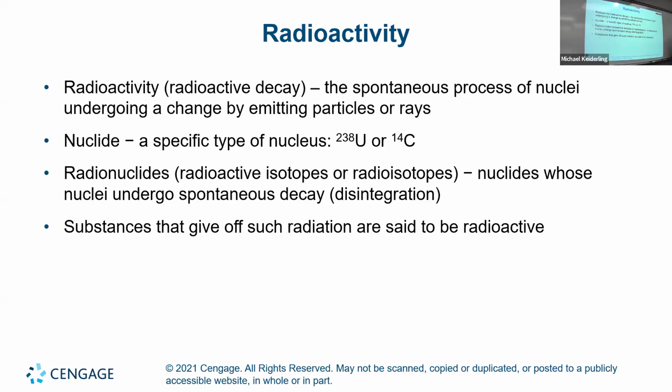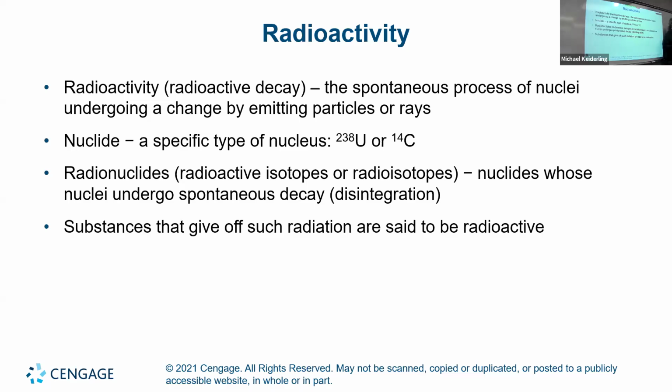So, a nuclide is a specific type of nucleus, like uranium-238 or carbon-14. And radionuclides are specific isotopes that undergo radioactive decay. The radioactive isotopes or radioisotopes are nuclides whose nuclei will undergo spontaneous disintegration.